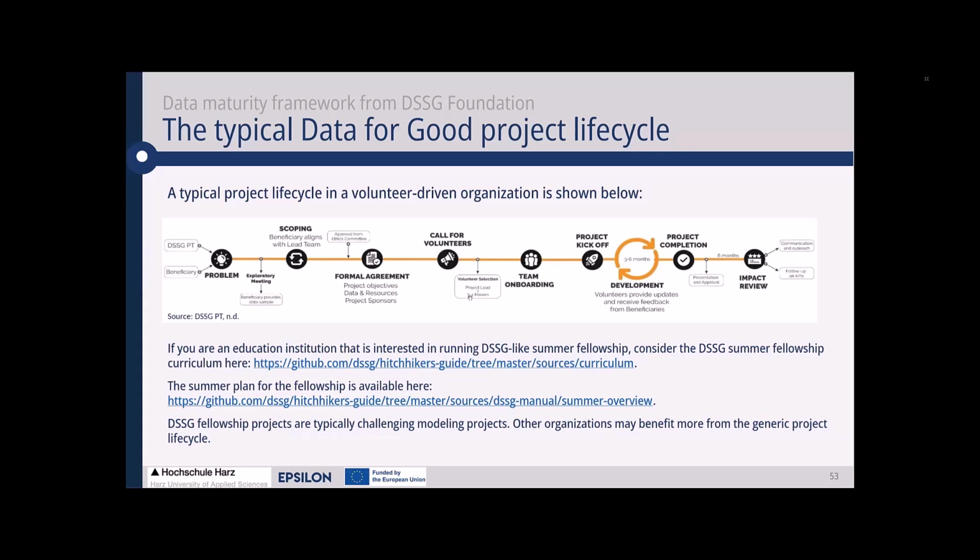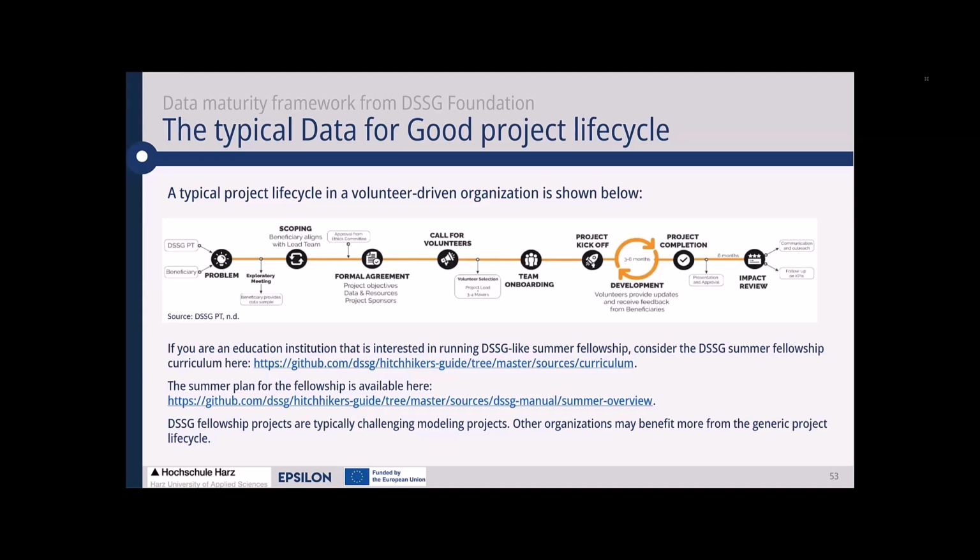Normally, 3 to 4 data scientists are needed. The more, the better. Then there's the team onboarding. So the person who is involved in the scoping tries to do the team onboarding to present the key challenges of the project and the expectations, as well as the defined deliverables. Then the project kickoff marks the beginning of the project.